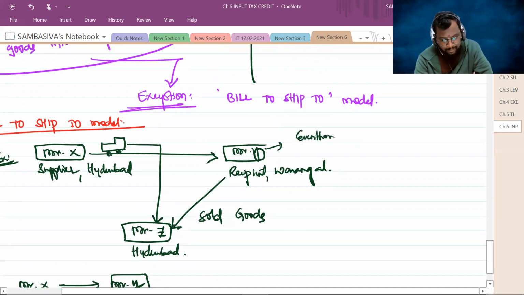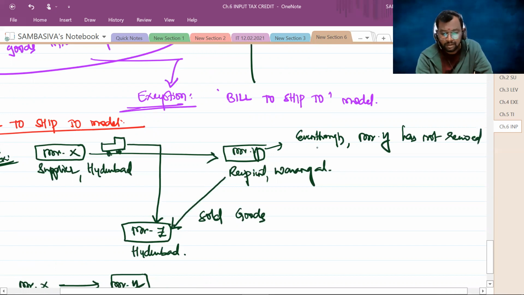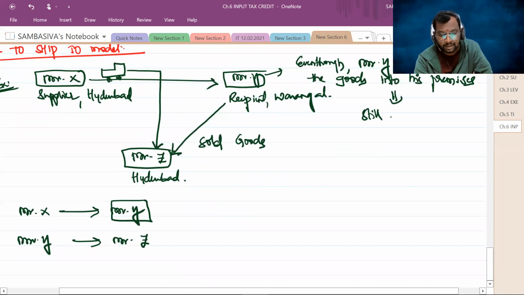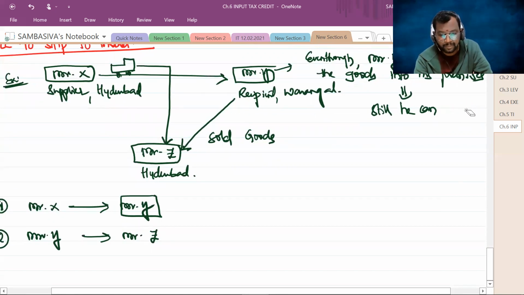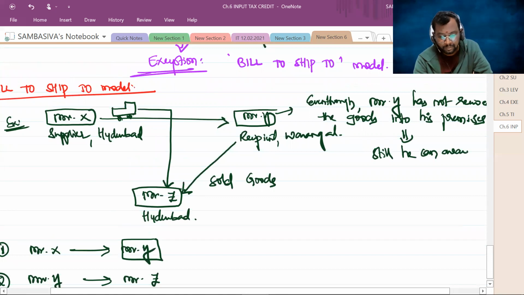Even though in this example, Mr. Y has not received the goods into his premises, still he can avail input tax credit.